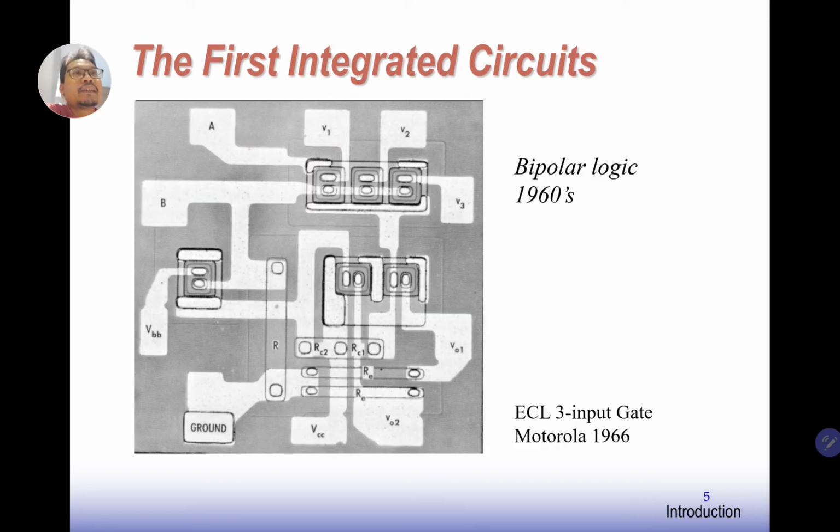And then you have the first integrated circuits. Previously it was a large transistor, maybe the size of your smartphone. One transistor the size of your smartphone. Around the 1960s, 10-12 years after, you have a small but still quite big chip using bipolar transistors.